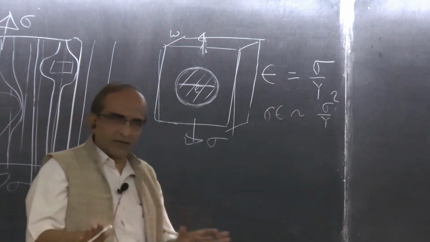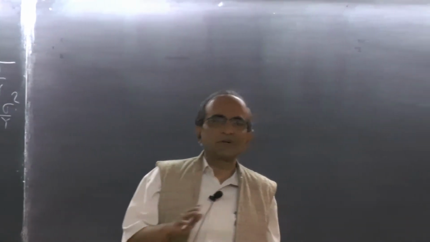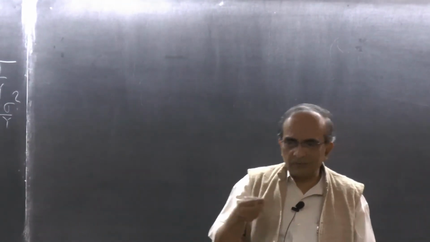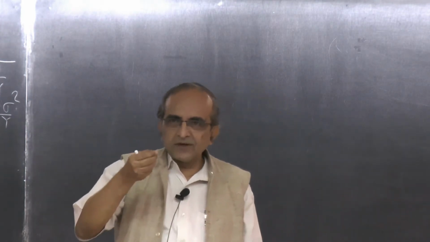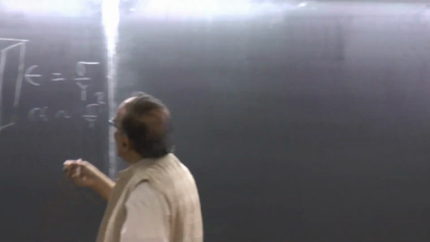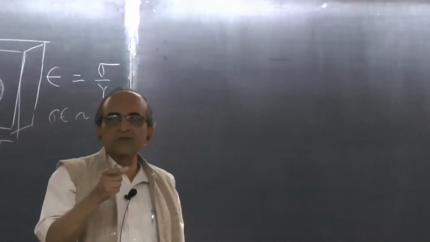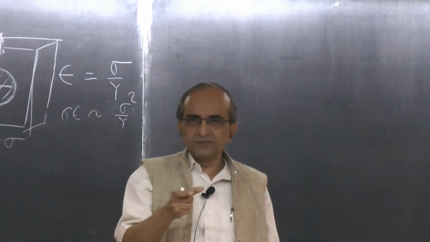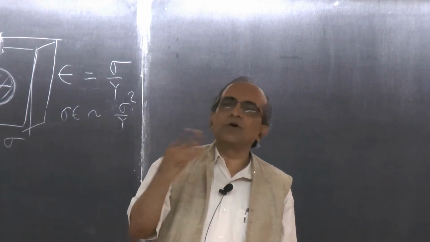You can do this calculation much better later, but if you are interested in finding out the dependence on the length of the defect, then you will see that the exact geometry will not matter.